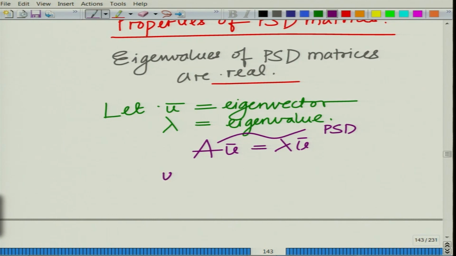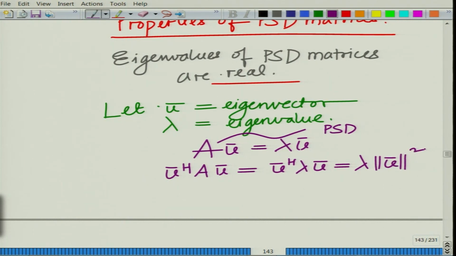Then if we perform u bar Hermitian A u bar, this would be u bar Hermitian lambda u bar, which is lambda norm u bar square.